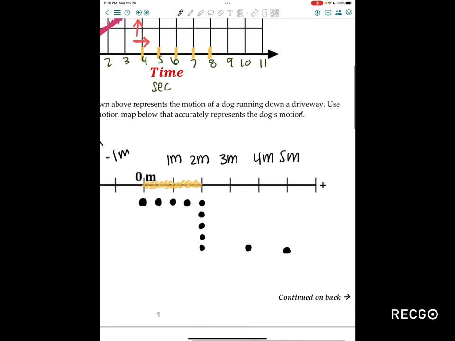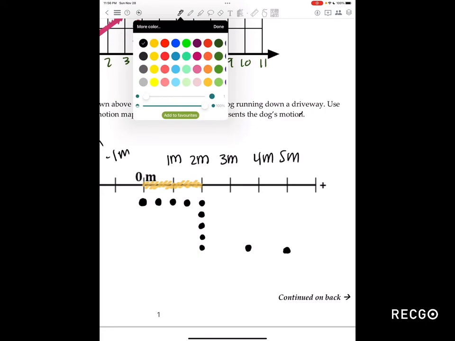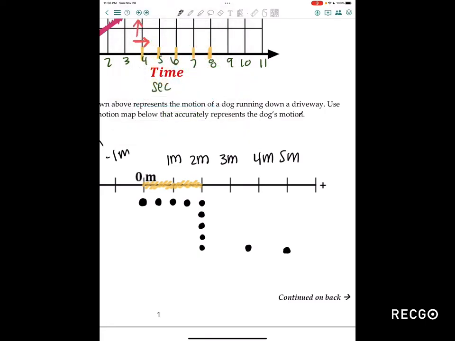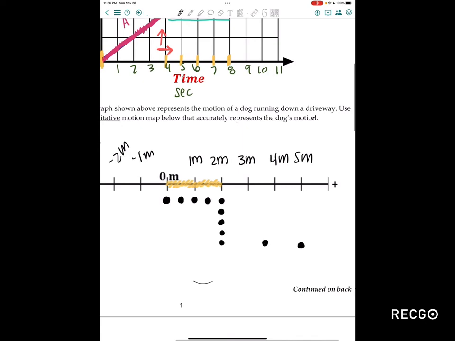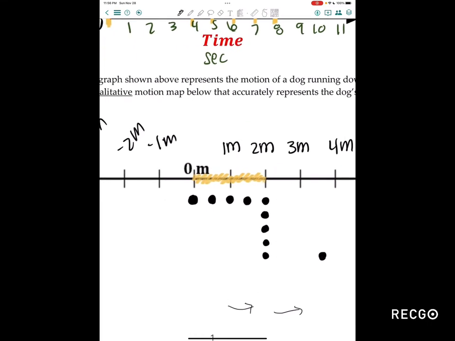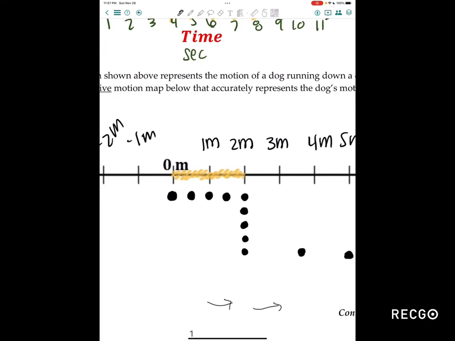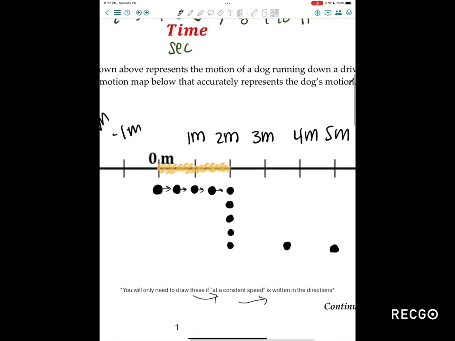So now that we have all of our dots plotted, we must draw arrows. I recommend drawing arrows as you go, but for this first example, I clearly did not do that. So our arrows will go like this, in this direction, because that is where we are moving. You do not put arrows for when we stay still, because we are not moving.